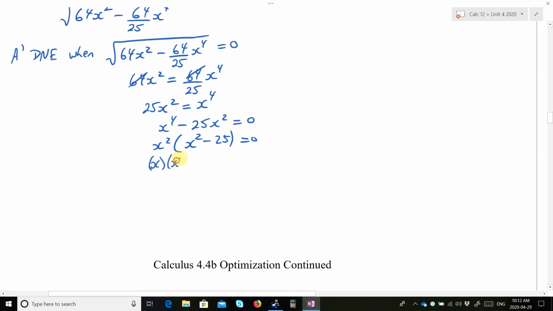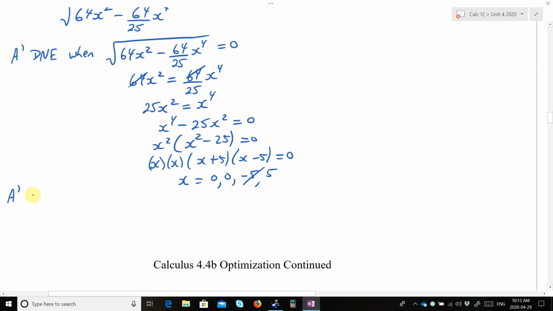And so this is x times x, and this is x plus 5 times x minus 5. So we would get x equals 0 out of the first two x's, we would get negative 5, and we would get positive 5. That's not in the domain. X has to be between 0 and 5. 0 and 5 are endpoints anyways, so we don't have to worry about those.